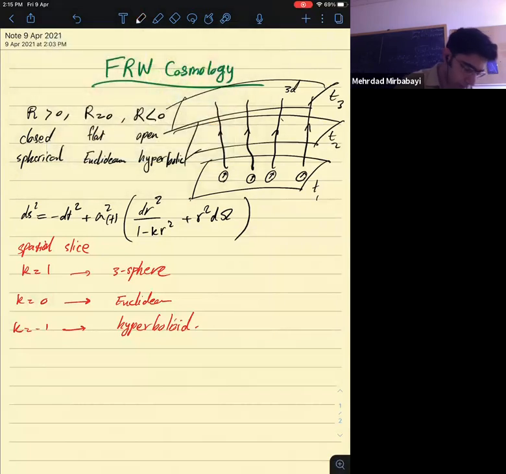But before that, let me also talk about the structure of the energy momentum tensor. So we want to consider this model together with some matter field. So at the end of the day, we want to solve the Einstein equation for this model. So we have a metric, and we want to also talk about the stress energy tensor.